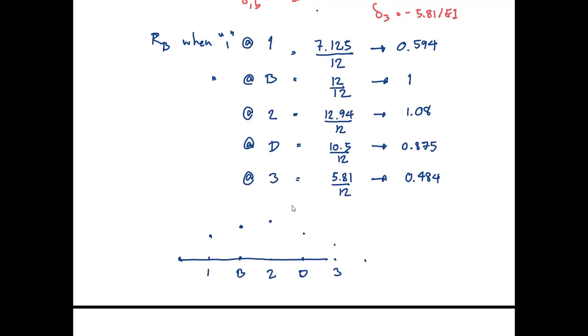So basically something like that. The most important thing is that at B you're going to get 1, and then this is slightly bigger than 1, and it comes down to 0.875, then 0.484. So that is the influence line of RB.